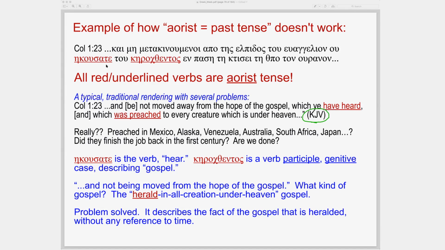So now, the verb here is ekousate. Kerechthentos is the verb participle, genitive case, describing the gospel.